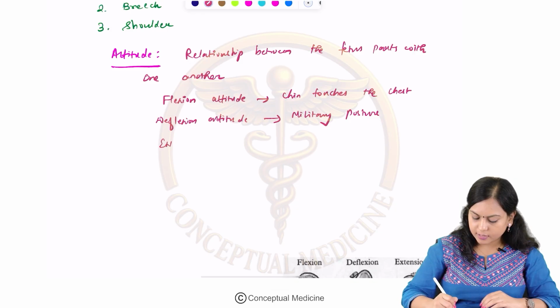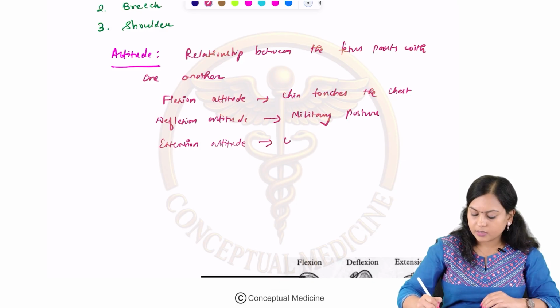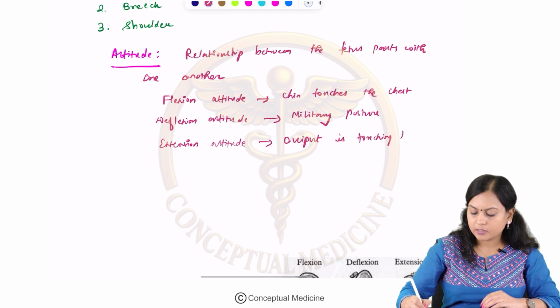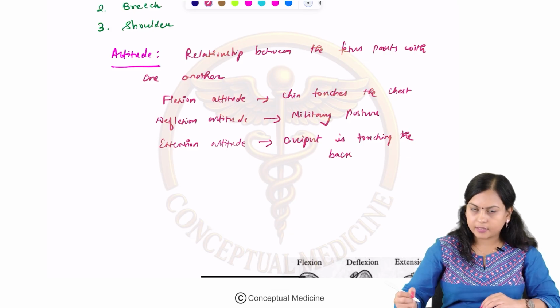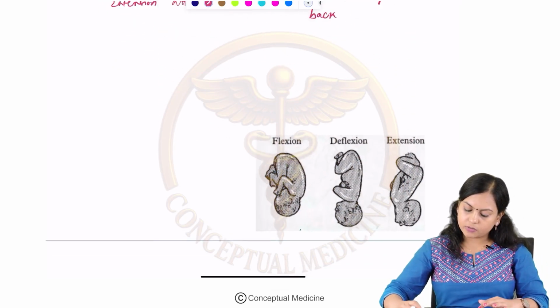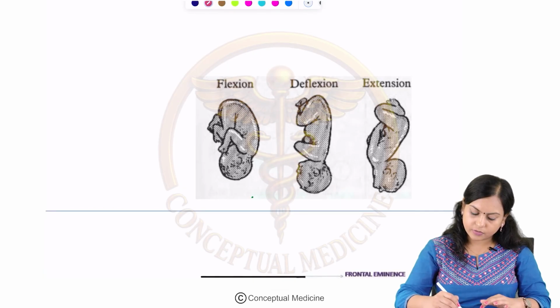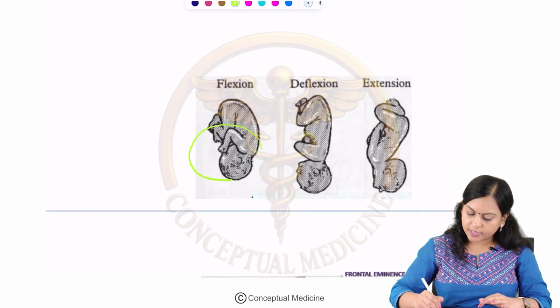Next is the extension attitude, where the occiput is touching the back. So these are the three attitudes. First one is a flexion attitude.